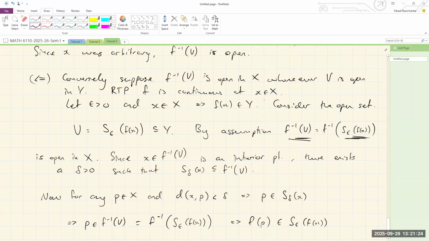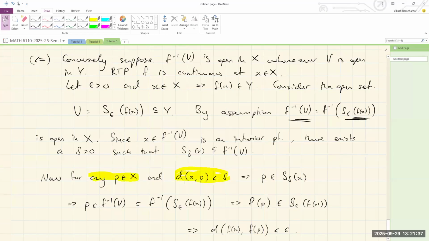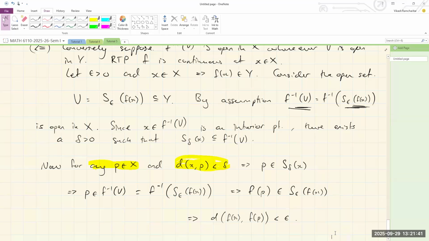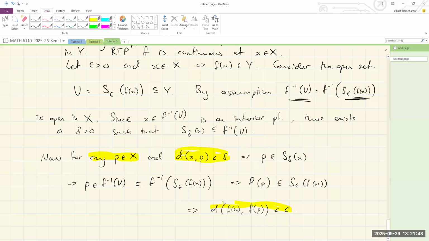We showed that for any point P in x, if I take the distance between that point and x to be less than delta, then the corresponding distance between the function values will be within epsilon. That right here is the definition of continuity.